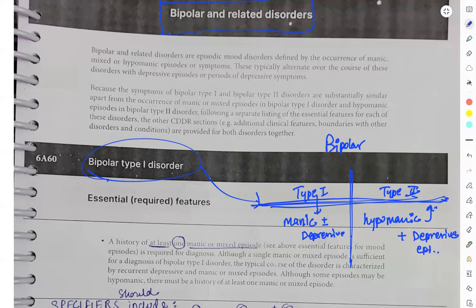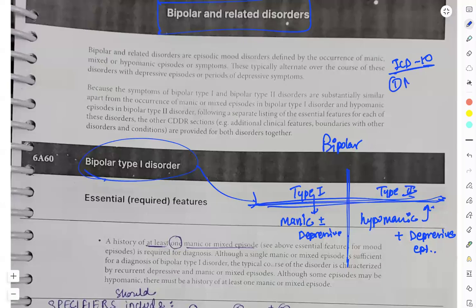Unlike ICD-11, ICD-10 actually gives a description of a manic episode, and then it says bipolar affective disorder. ICD-10 segregated first episode mania.